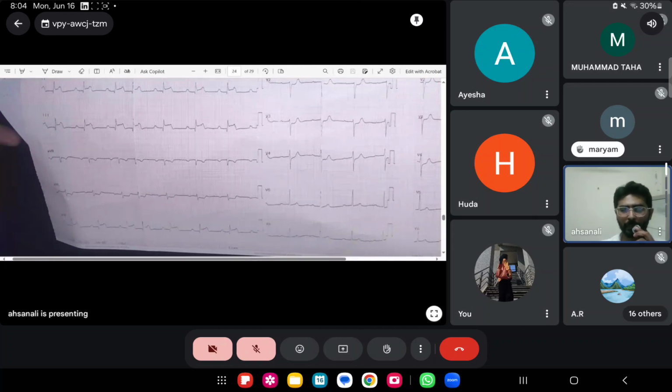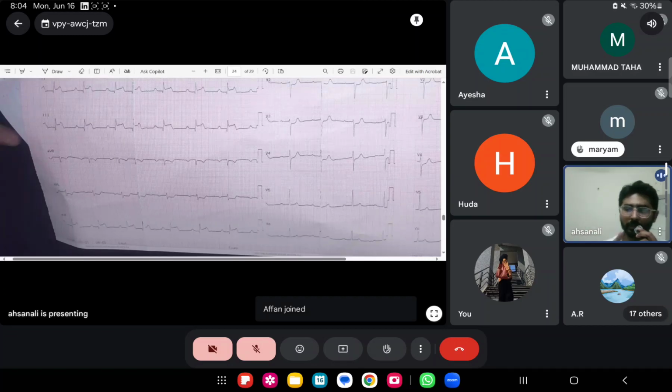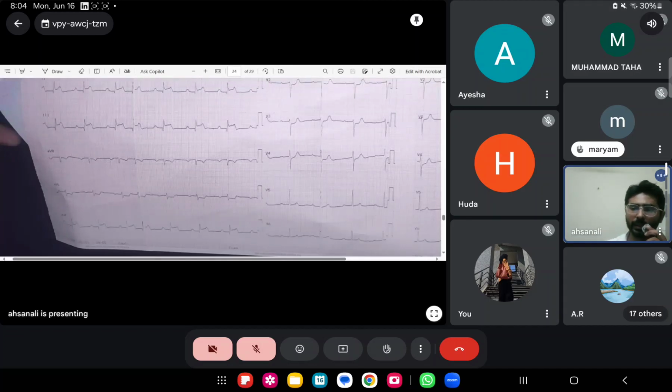Not going into details for that. Just remember ST elevation of 1 mm in two leads showing the same territory is going to mean myocardial infarction. For your simplicity, lateral wall MI is shown by 1 and AVL, and anterior wall MI is shown by V1 to V6.